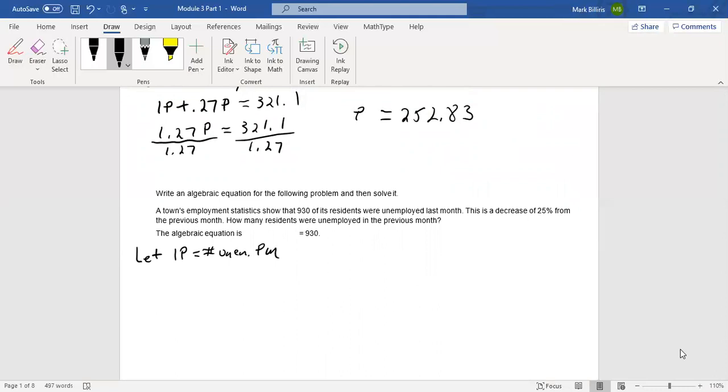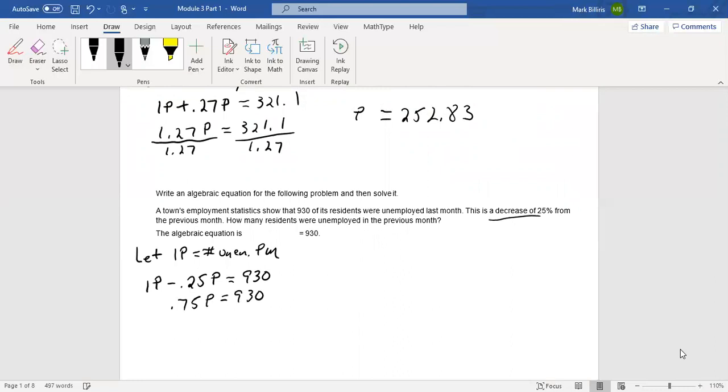So now to set up our equation, we have the number that was unemployed in the previous month. Now again, a decrease, so minus 0.25 times p, and that will equal 930. So now we subtract. 1 minus 0.25 is 0.75p equals 930.